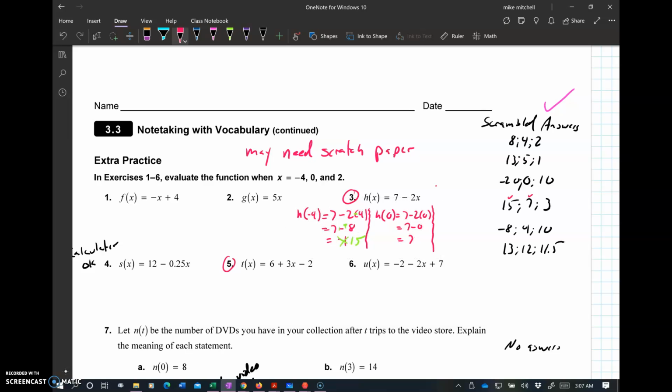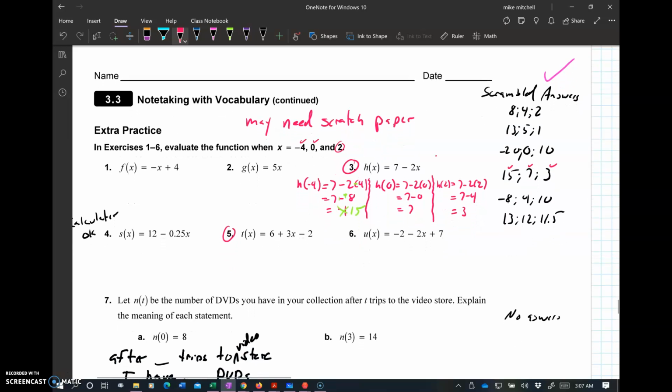Now I have to do 2. So h of 2 equals 7 minus 2 times 2. That's 7 minus 4, which is 3. That's my third number. It matches up there. That's what we're looking for. So you're just going to do that.